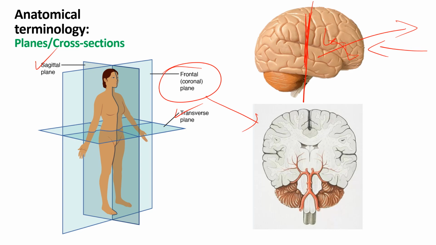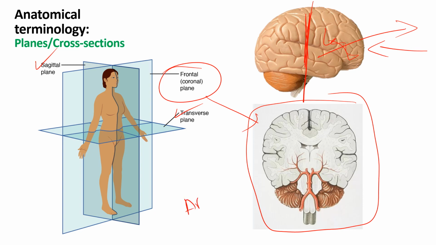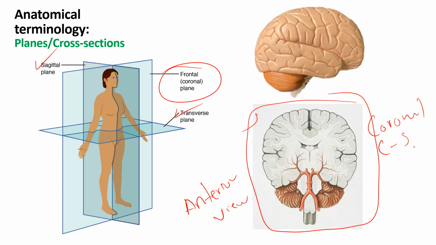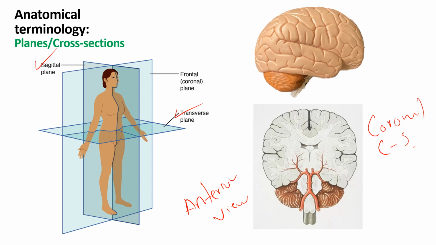So which view do you think this is? Think about it. This is an anterior view. This is a coronal cross section, right?